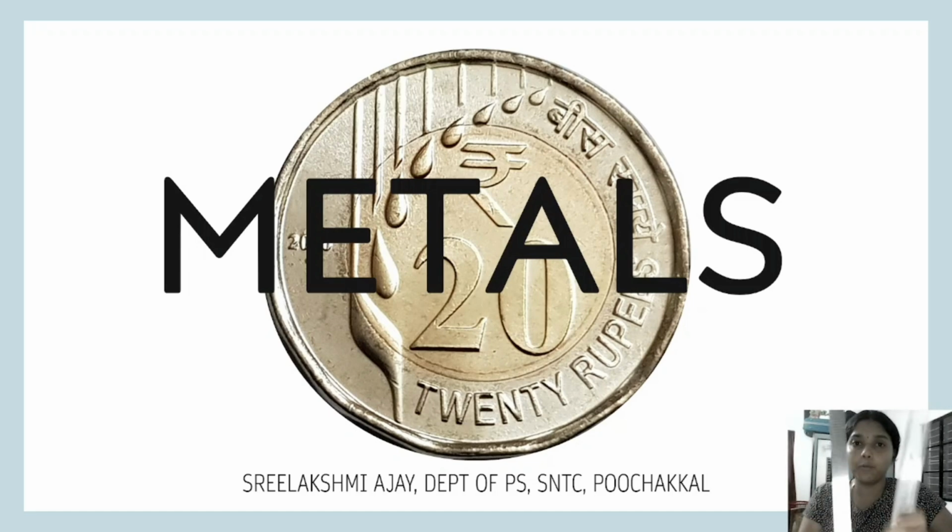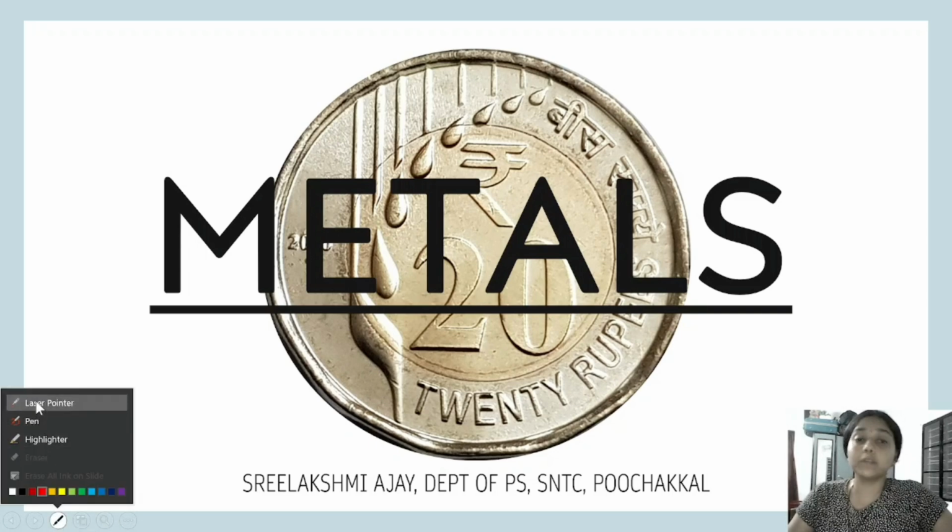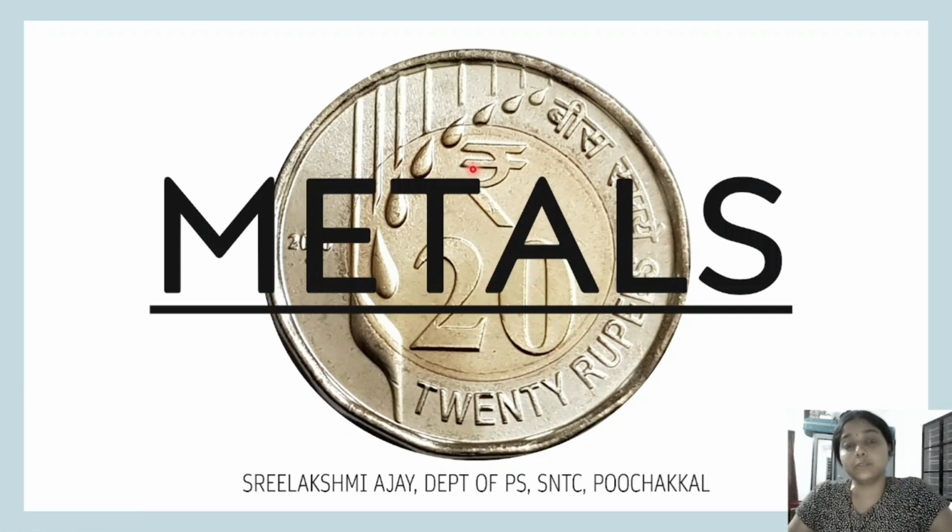You already know what a metal is. Where do we use metals? Yes, we use metals in our kitchen. We use them as coins. There is a 1 rupee coin, 2 rupee coin, 5 rupee, 10 rupee, and 20 rupee coin, right?